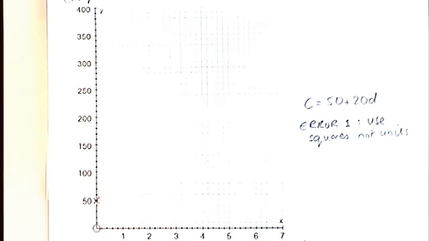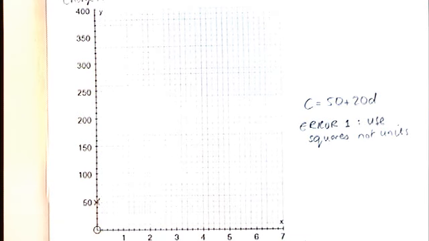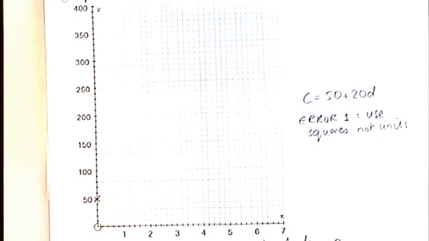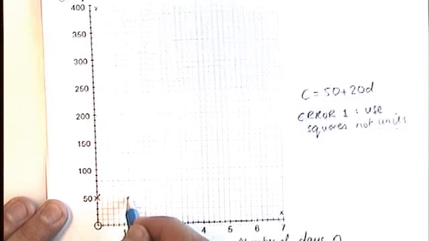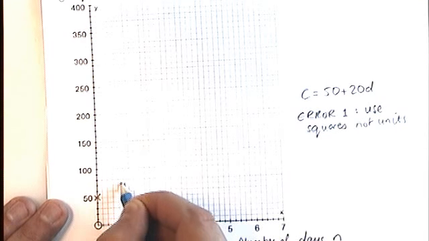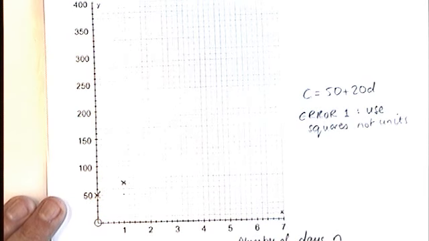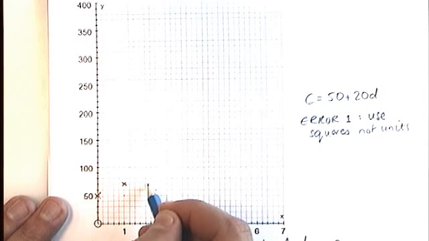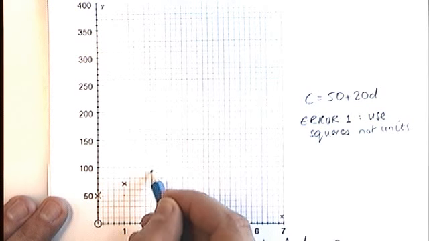That would be a mistake. The reason that's a mistake is that the rule is the gradient is how far up you go for every unit across. Not dealing with squares at all, we're dealing with the units on the graph. So we go along 1 unit and up 20 units to there. And then along 1 more unit and up 20 units.